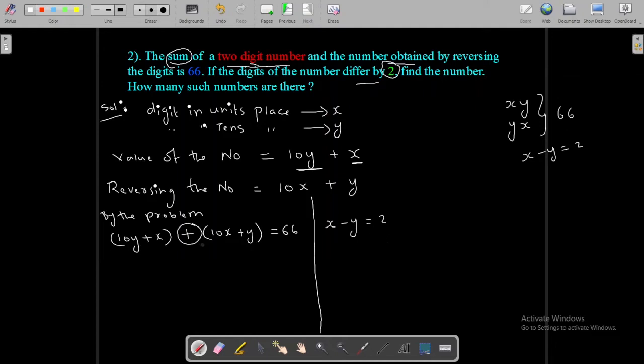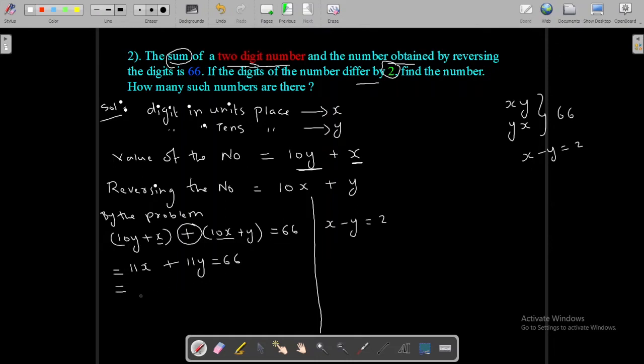If I simplify this, I will get x plus 10x, that is 11x, and similarly 10y plus y, so I will get 11y, is equal to 66.